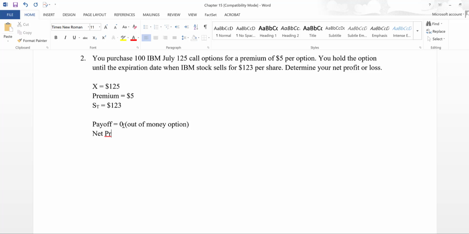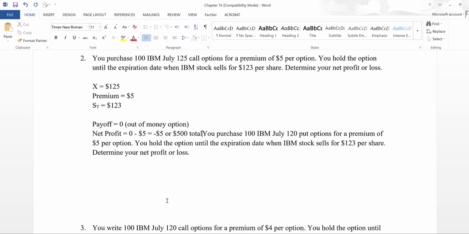So net profit is your payoff minus the premium, so that would be negative $5, or $500 total. Again, you have one contract or 100 options, so the total loss would be $500 in this case.